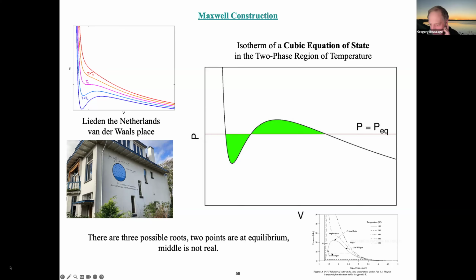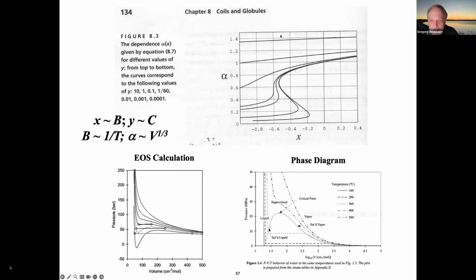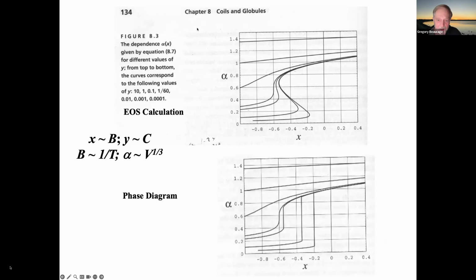If you're at that temperature, the heat you put in isn't going to change the temperature, it just changes liquid to vapor. So the enthalpy of vaporization consumes the heat that you put in. But over here, you get a continuous transition. So this is second order, that's first order. That's basically the idea here. From this same equation you could get polymer behavior or biomolecule behavior. That's basically the theme of this.